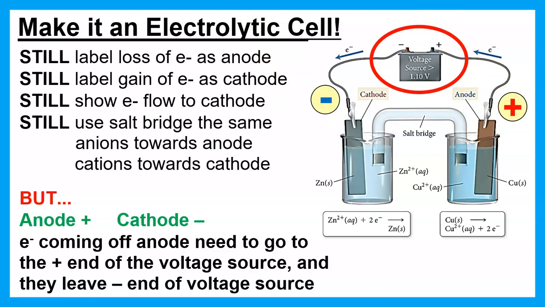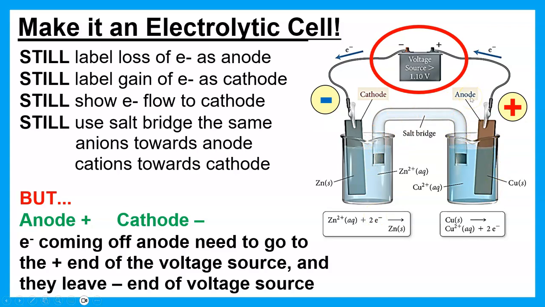So the key to electrolytic cells is it's going the opposite of what we would expect because we're forcing it to happen. So reverse what you are making oxidized and reduced. Add this extra voltage source. Go through the process of labeling everything like normal.